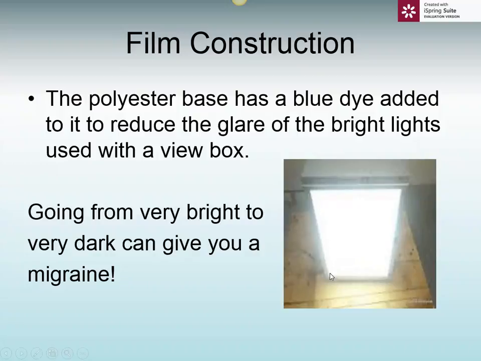So then you would have all of this glare out here on the sides, and one of the things the blue dye was there for was to reduce that glare. Big problem is that if you go from bright light to very dark to bright light to very dark, it gives you a really nasty eye strain, and it wasn't very popular.